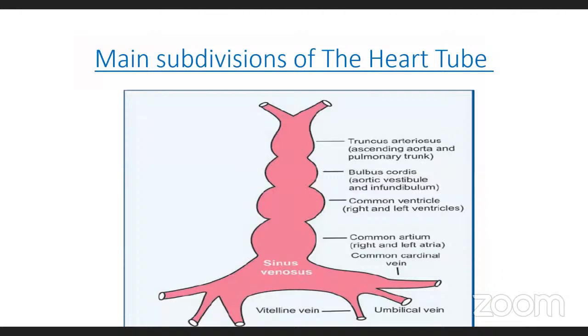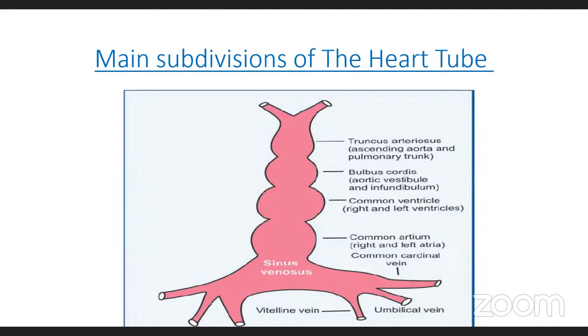So now let's yank it out and look at it as a whole length. This is the top of the heart tube, and this is the bottom. At the top, this is basically going to be the outflow tract. So blood comes from the bottom and leaves out from the top.